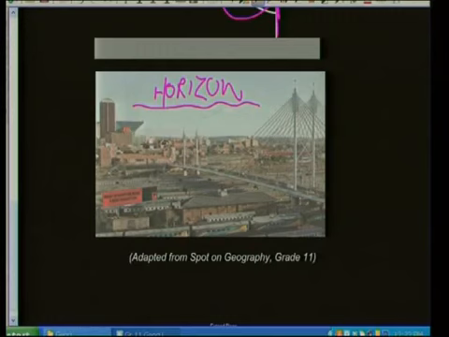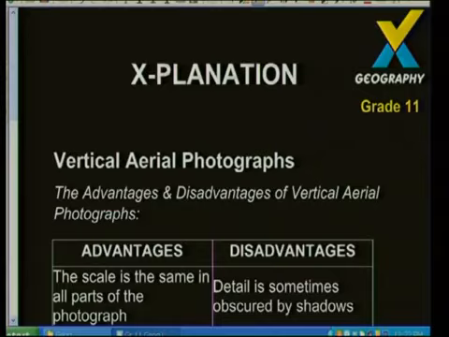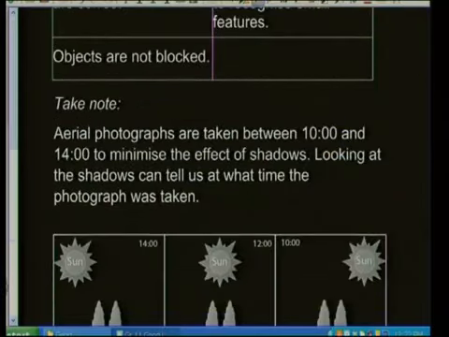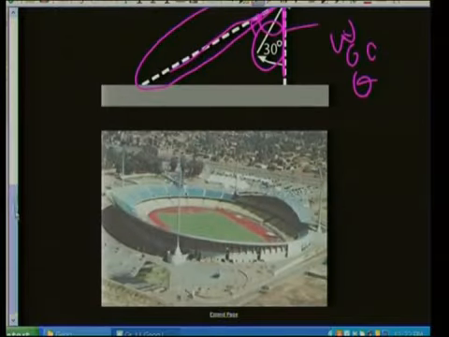I want to do a comparison between the two again. If you look at this photograph carefully, and also if you go back and look at this photograph, you'll notice you're not seeing so much of the horizon here, okay?